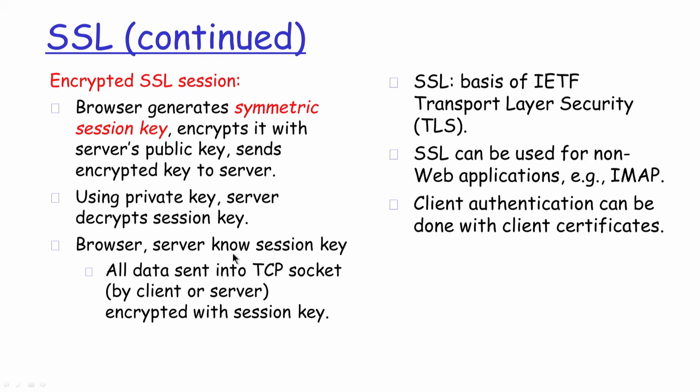So there is an encrypted SSL session, encrypted with the public key communicated to the browser through the digital certificate, and the server uses the private key to decrypt the data and get back the original content.